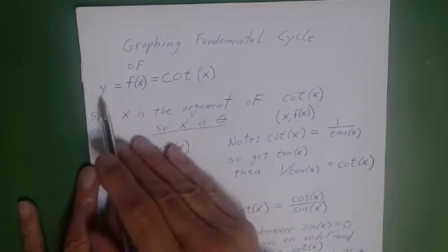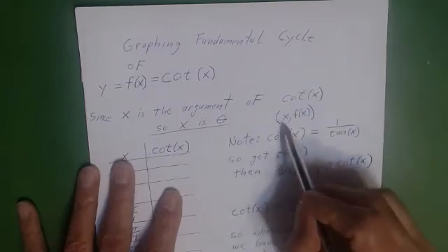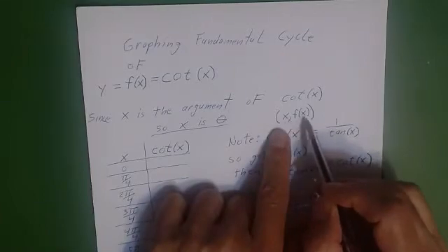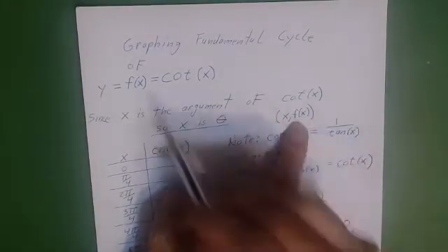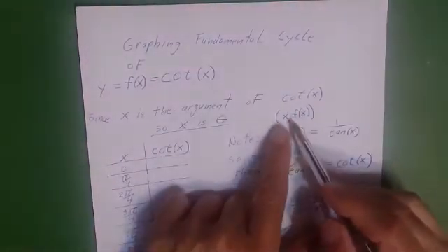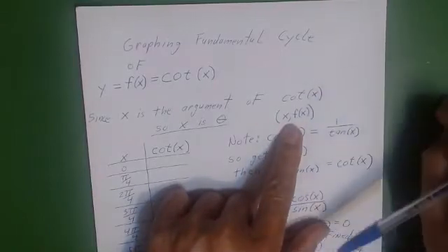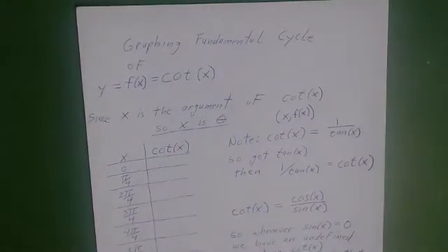So y is a dependent variable, x is an independent variable. This represents a point, and we get different values for x, plug that into our equation here, and see what the values for y are. That gives us an XY grid. We just plot those points on the grid, and then we connect the dots.